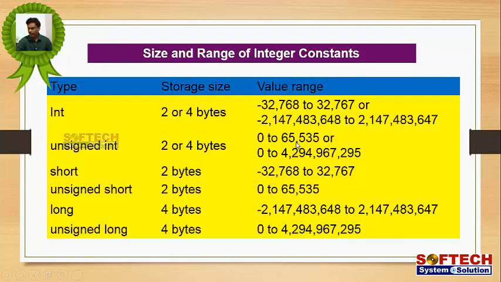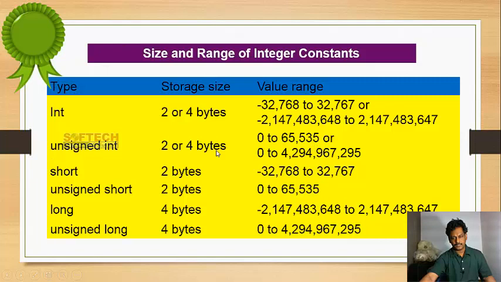The range is 0 to 2 power 16 minus 1, because on the positive side 0 is included, since we use all 16 bits. The range is 0 to 65,535.